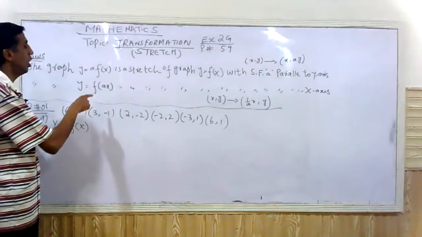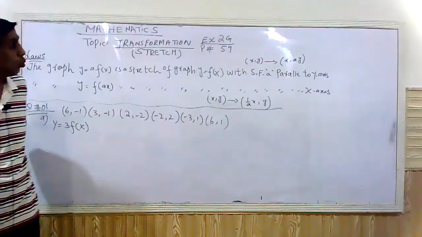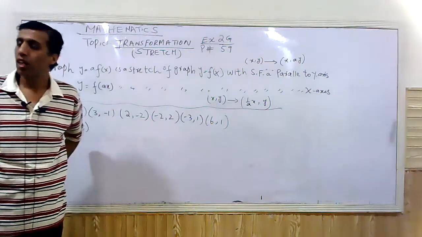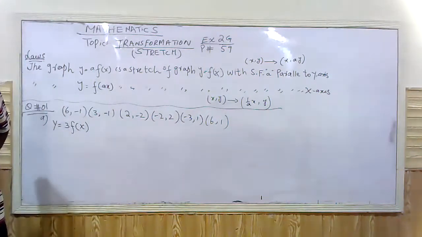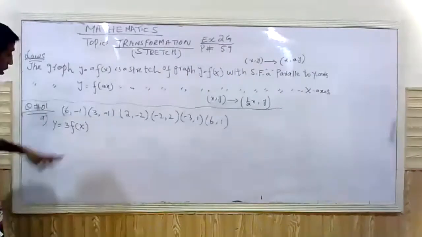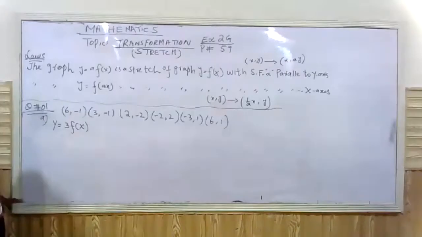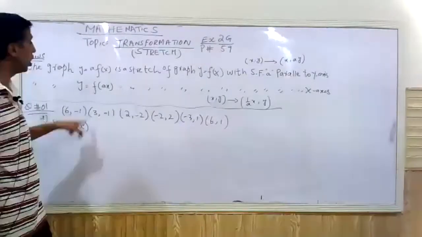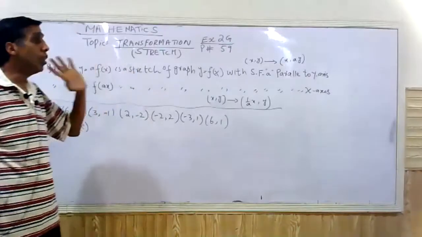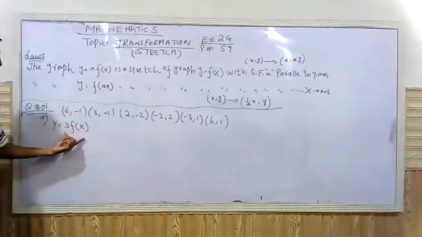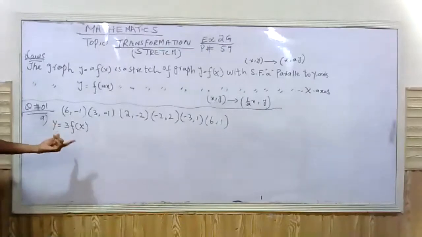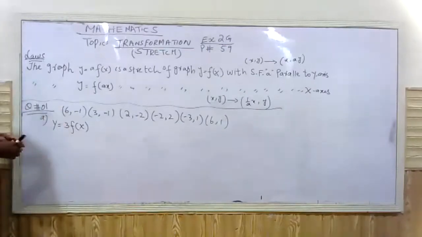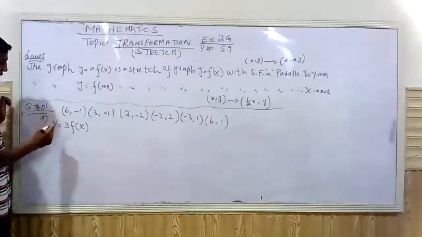You have a graph in your exercise 2G, page number 59. The coordinates of the graph I have written on the board. My first equation is y = 3f(x). If I compare this equation to my law, it is parallel to the y-axis. In the y-axis, how do we stretch the coordinates?